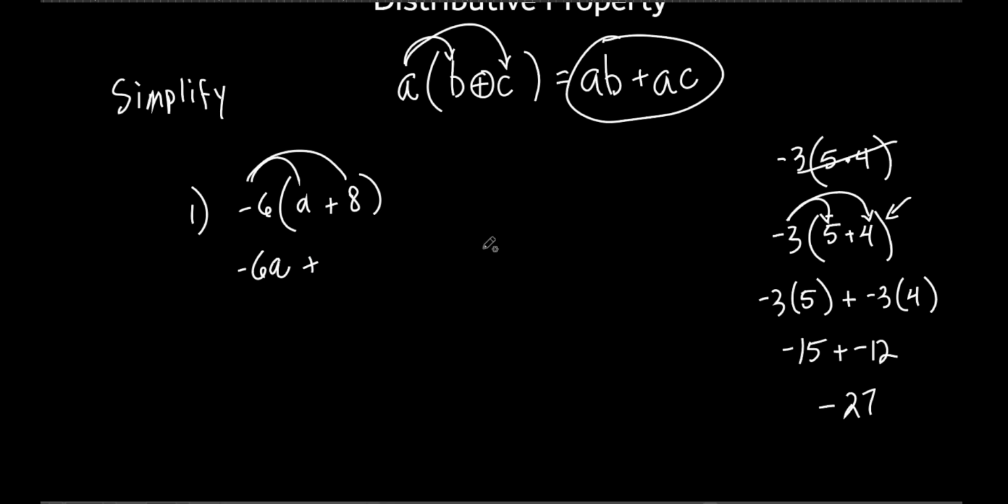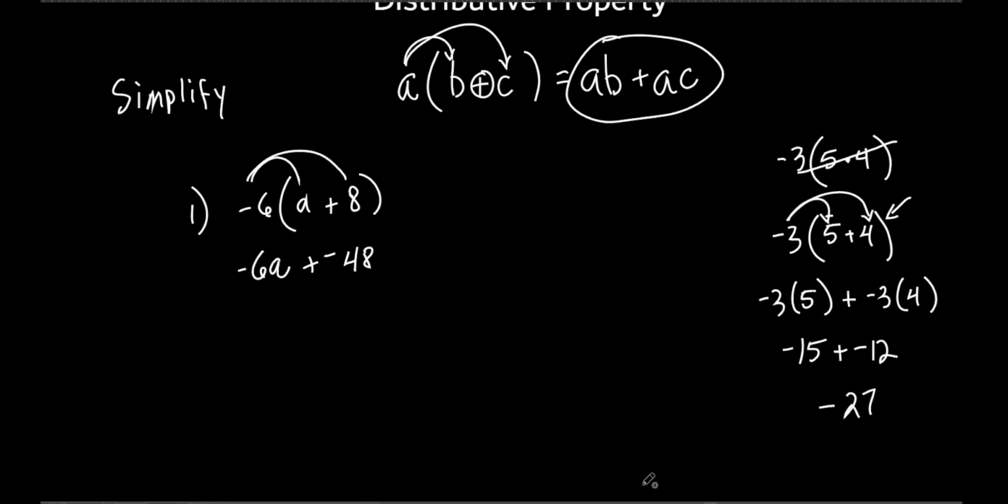Let's do that in our head. What's -6 times 8? What's 6 times 8? Did you guys learn your multiplication tables? It's 48. And then this one's negative, this one's positive, so when they're different signs and you multiply, the answer is always what? Negative. Okay? It's 48. 6 times 8 is 48.